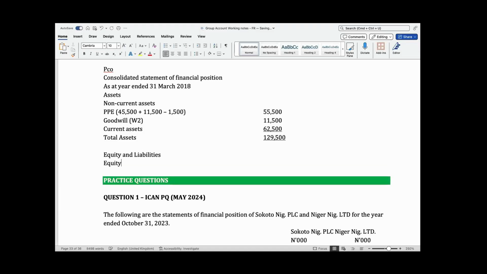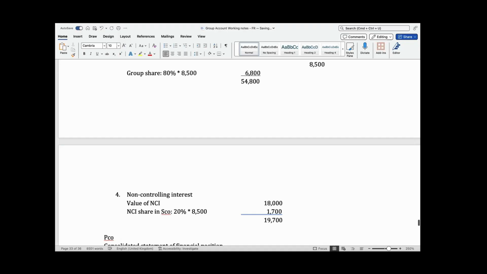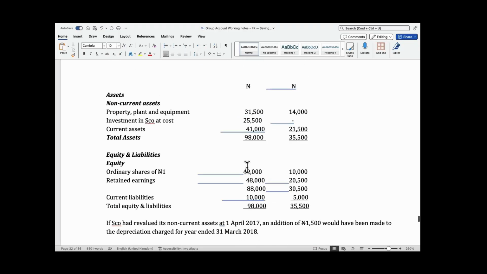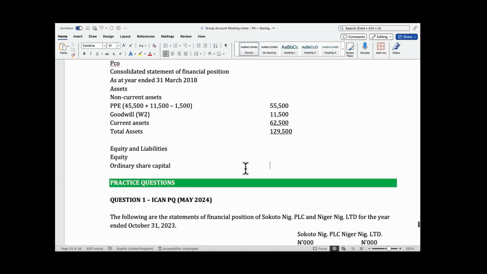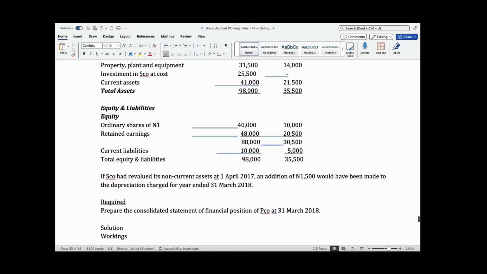Now equity and liabilities. What's my ordinary share capital? 40,000. I will add, what do we have?